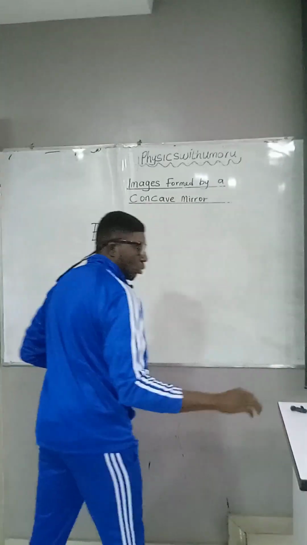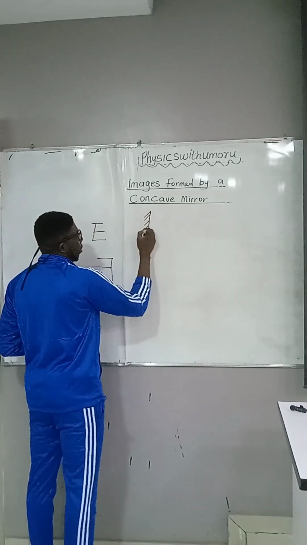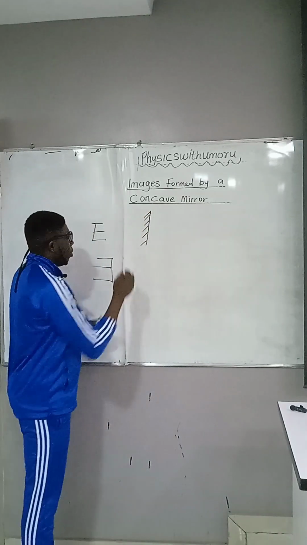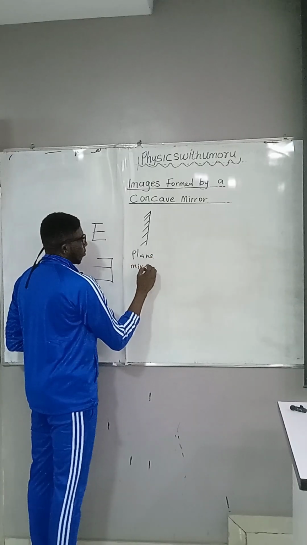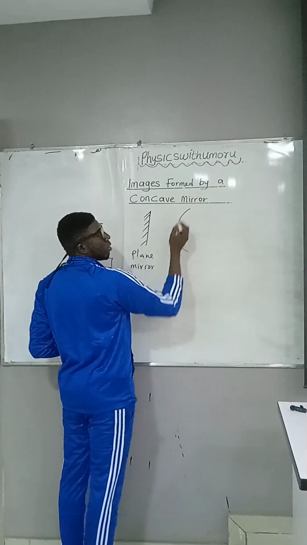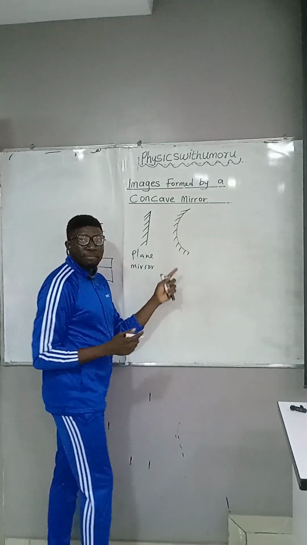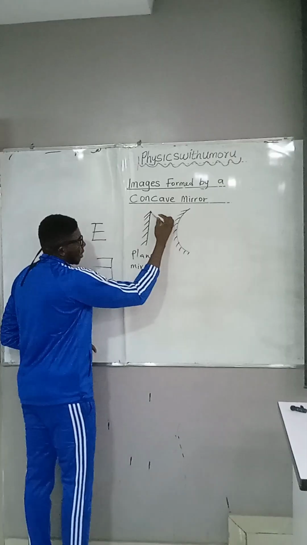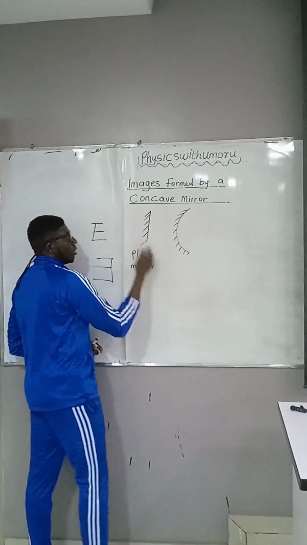So if you are to draw, this is the symbol for a plane mirror. And this is a symbol for a concave mirror. The plane mirror, this is the front of the mirror, and the shaded part is the back of the mirror.